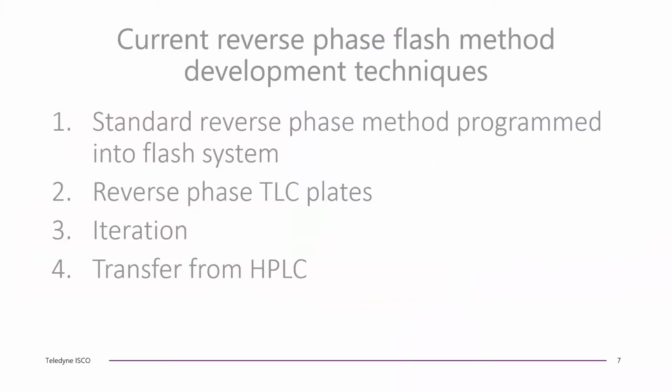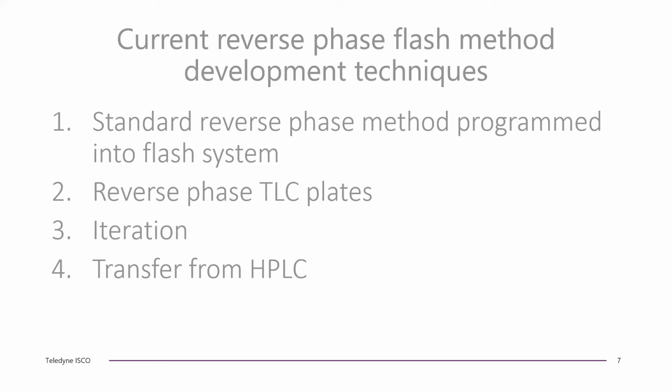There are several ways to purify compounds on flash. The standard gradient method on your flash system is good for rapid cleanup of well-resolved compounds, but may waste solvent if the compounds elute early in the run. TLC plates are often very slow to develop, especially for solvent systems containing more than 50% water.